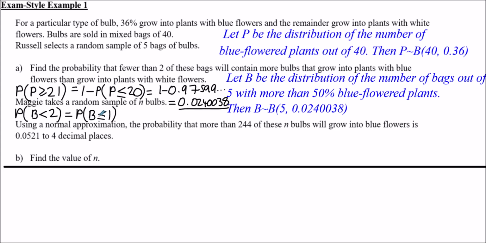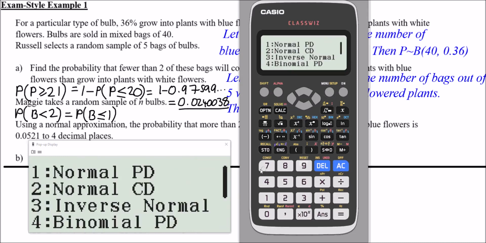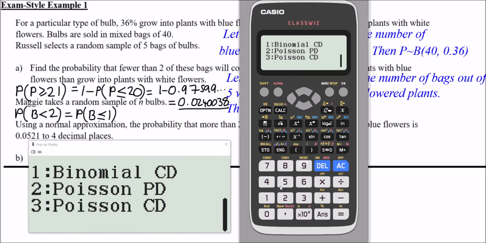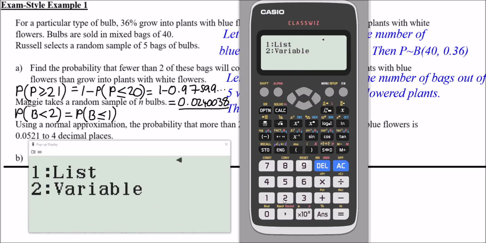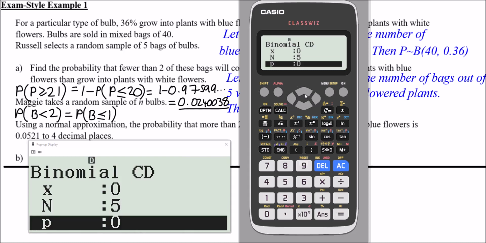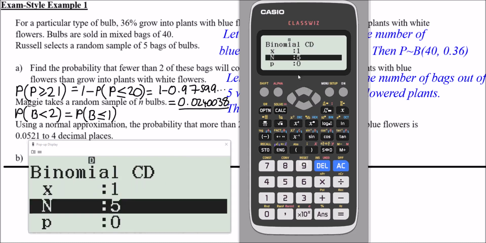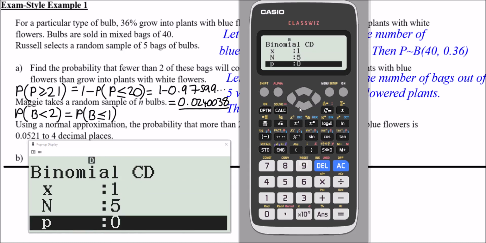So now I use the calculator again and change the parameters. Menu 7, binomial CD, press option 2 for variable. Now I've got 5 bags. I want to work out the probability that 1 or fewer of those 5 bags has more than half blue flowering bulbs in it.